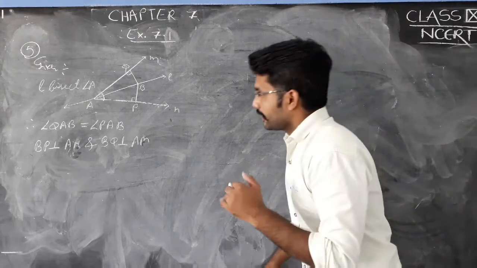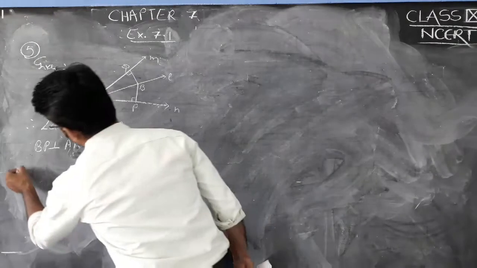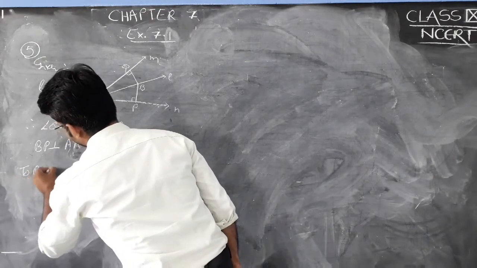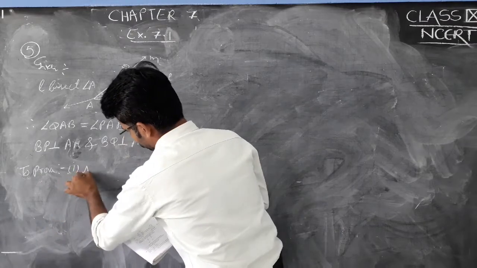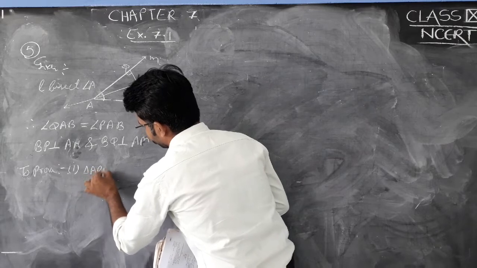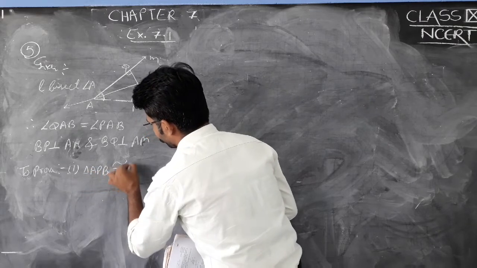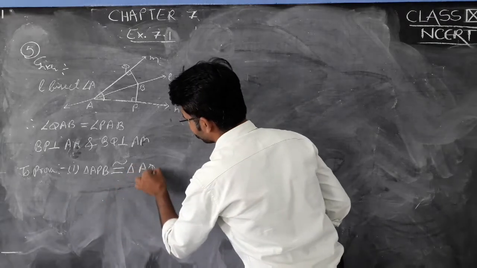Then what they have asked, to prove, what do we have to do? First part, triangle APB should be congruent to which triangle? AQB.